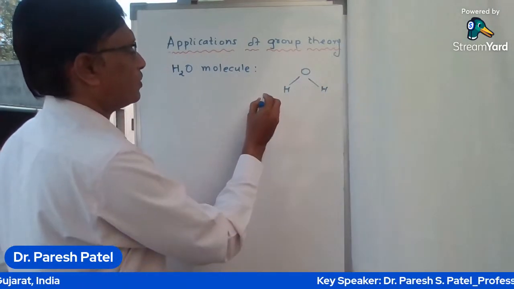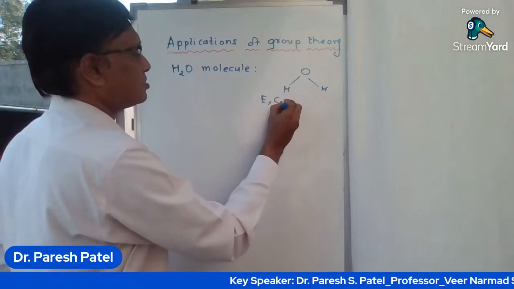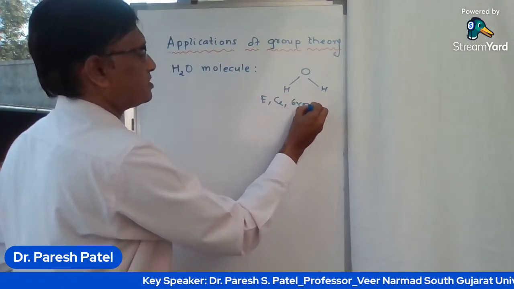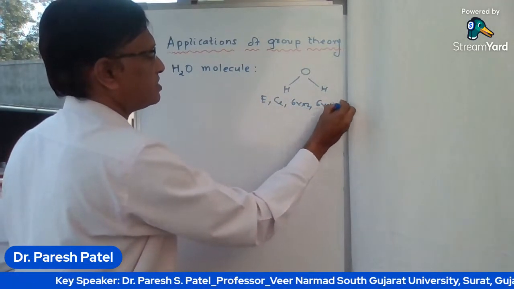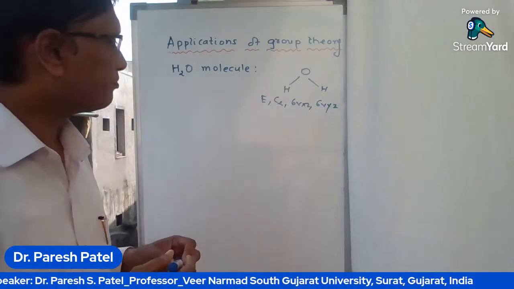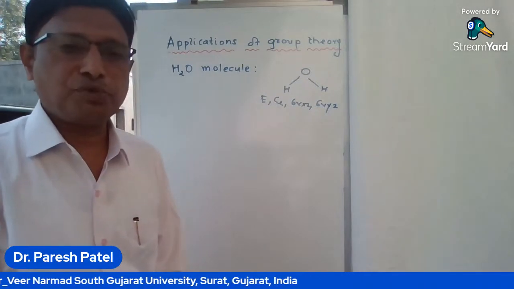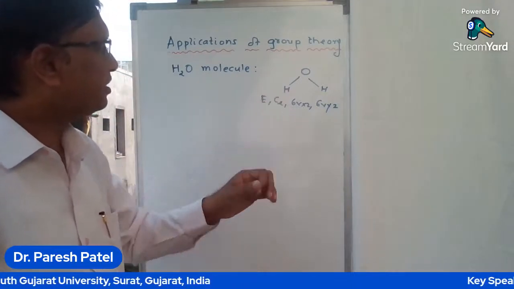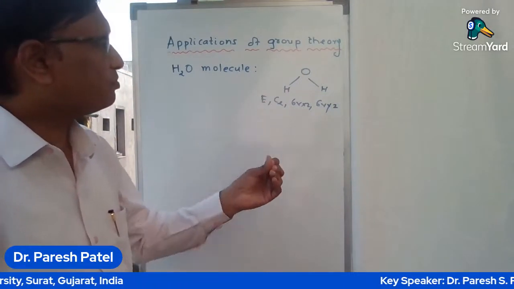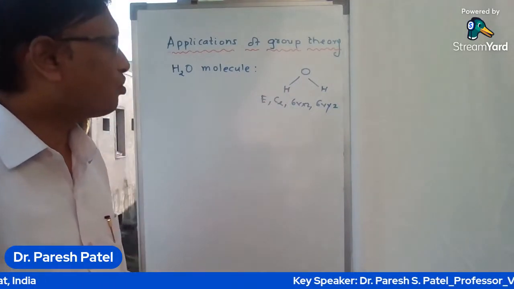We know that the water molecule consists of the symmetry elements E, C2, sigma V XZ, and sigma V YZ. Now, first of all, what is the contribution of the s orbital of the oxygen atom in the water molecule?